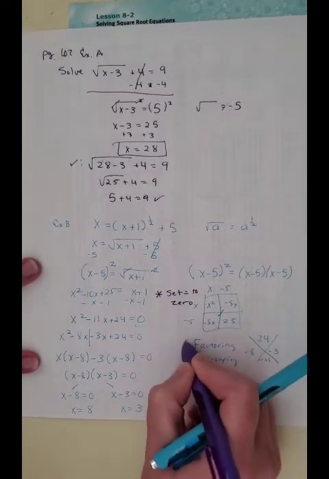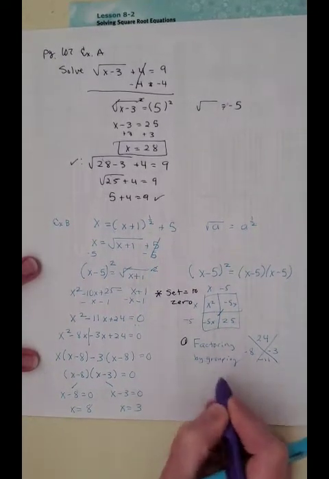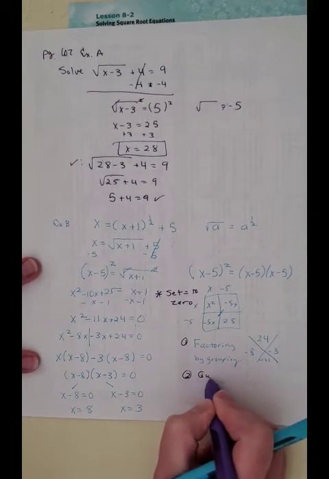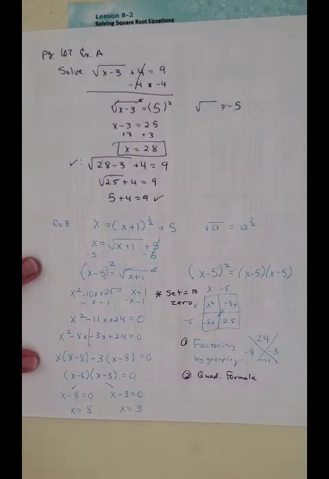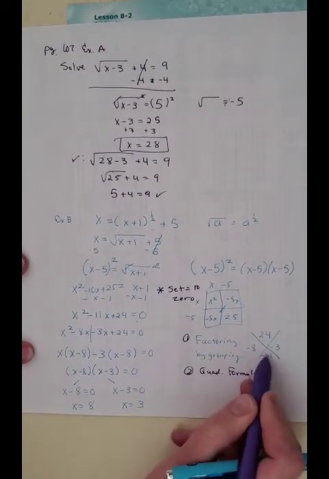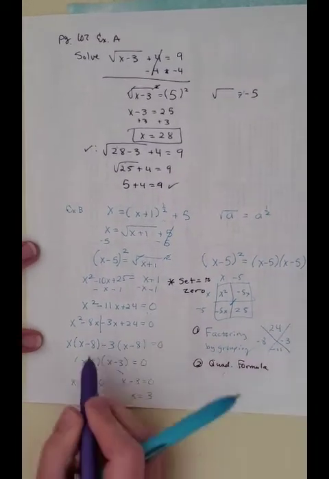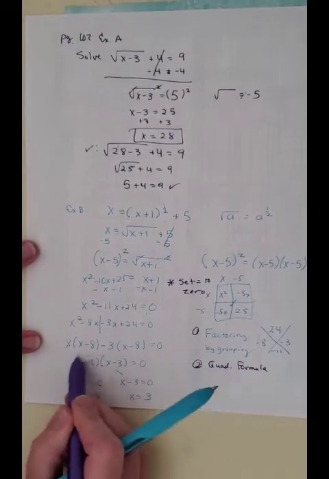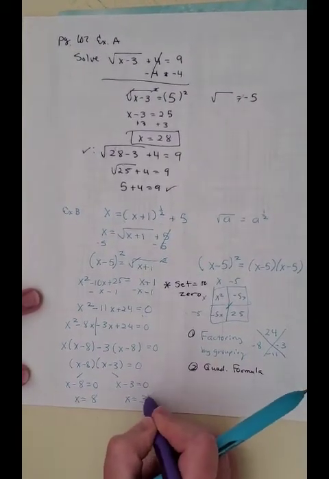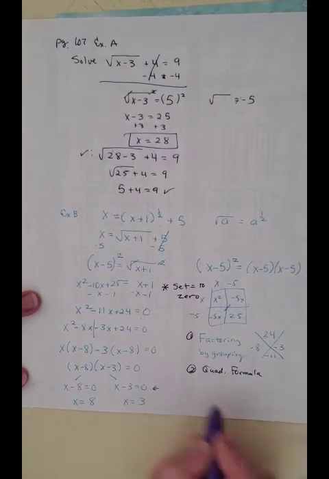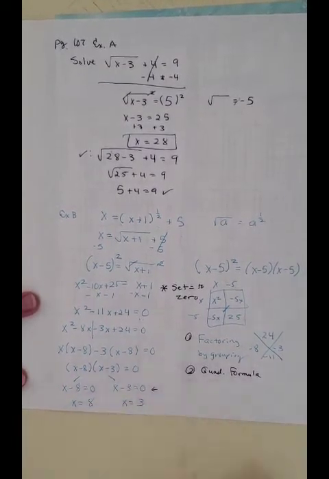I can try factoring by grouping, or I can try the quadratic formula. And so what I chose was factoring by grouping. It did factor. Since it factored, I factored by grouping, taking out the GCFs, and so on and so forth. And then right here, I applied the zero product property, set each one equal to 0, and then I solved each one.